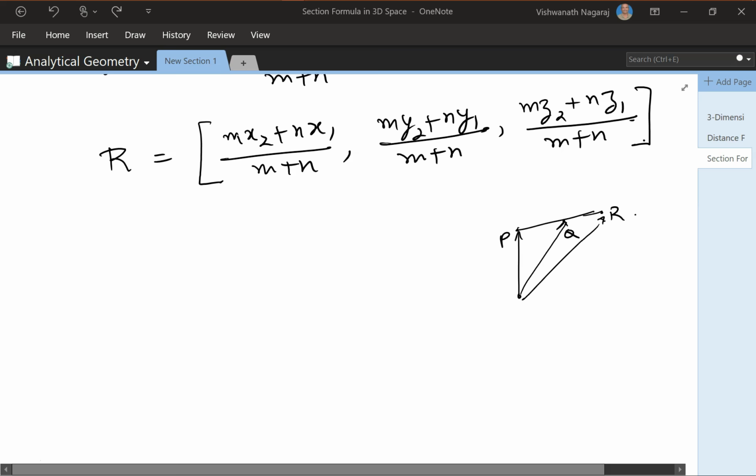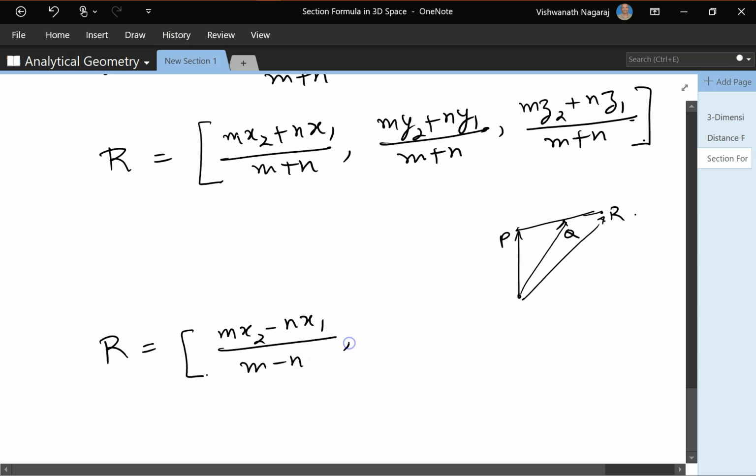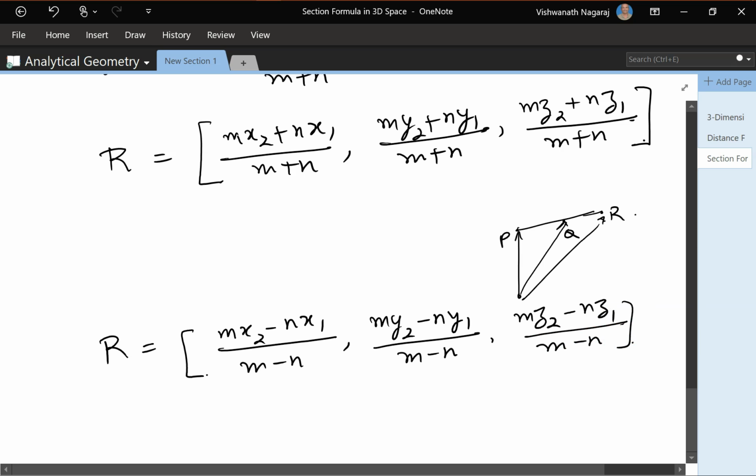Now when you take it forward, you will end up with the coordinates being mx2 minus nx1 by m minus n, my2 minus ny1 by m minus n, mz2 minus nz1 by m minus n. This is in case of external division, and the earlier one is internal division.